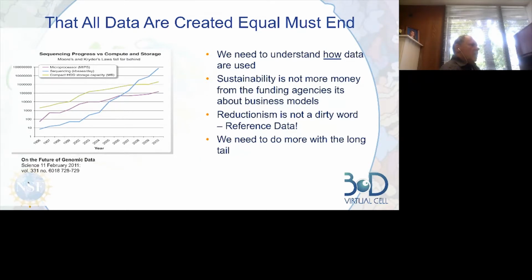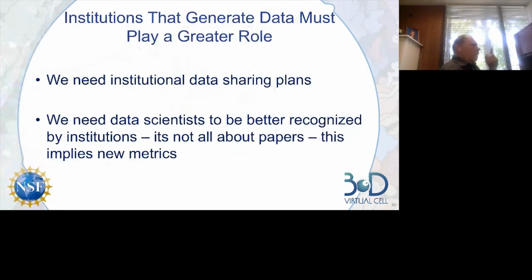Institutions in all of this must play a greater role. Institutional repositories, to my way of thinking right now, are effectively silos, and I think institutions could do much more internally and externally to deal with that. I don't have time to go into that, but to develop a community resource that is going to be housed in one or more institutions, those institutions need to play a role in how this happens.